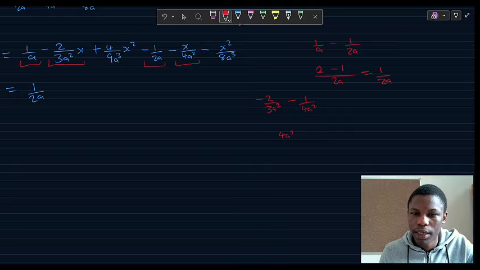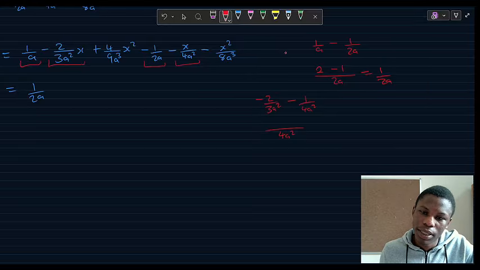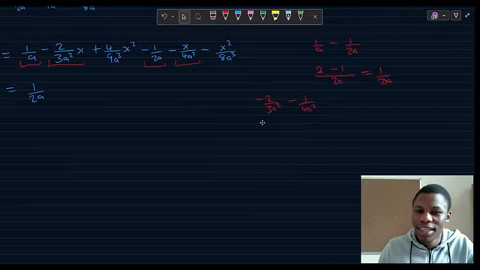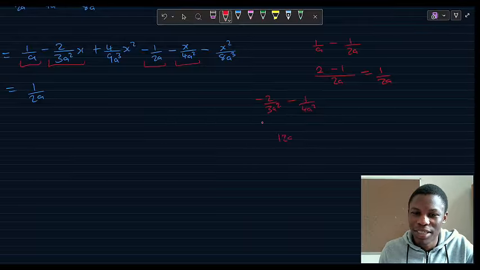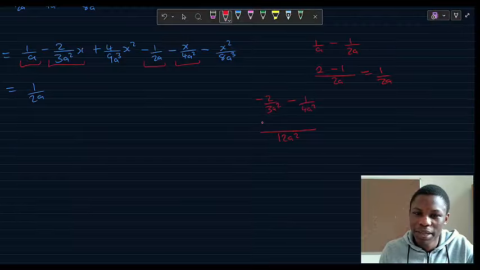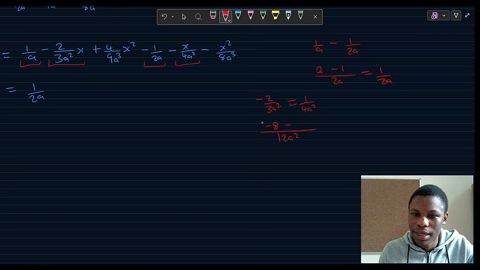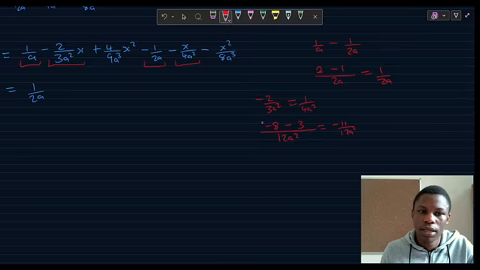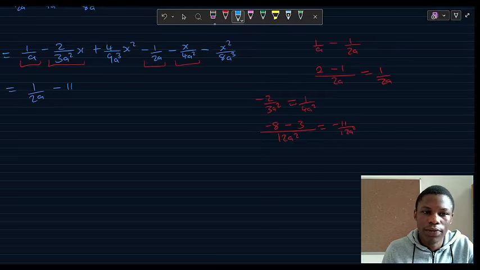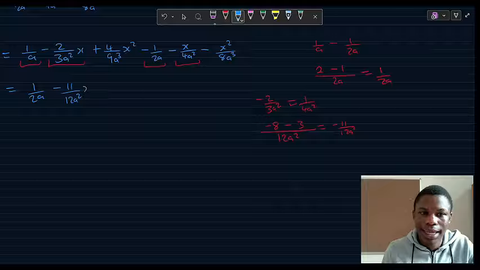Find the common denominator, which is 12a squared. How many times does this go into that? It goes in 4 times, multiplied by the negative 2, so negative 8. And then we've got this minus sign here. How many times does this go into there? It goes in 3 times the 1. And so I get negative 11 over 12a squared x.